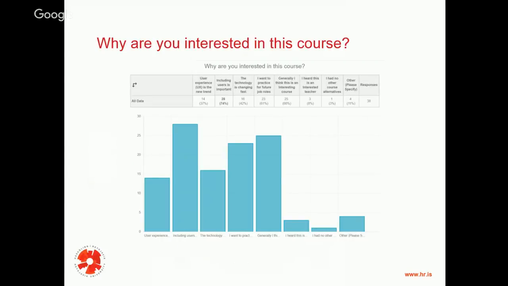And the answers to why you are interested in this course: this item there, including users, is important, got the highest number, but it is then second place generally. I think this is an interesting course, and then the third place is you want to practice for future job roles. And I'm actually sure that you will get this from the course, because you will.